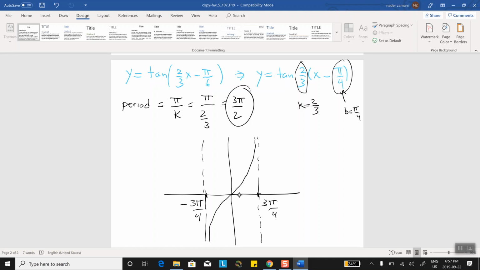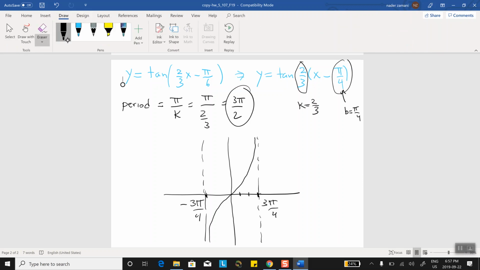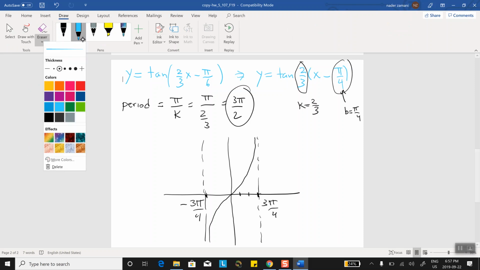Now let's think about it for a second. This is 3 pi over 4. This whole thing is 3 pi over 4 from here to here. So if you divide it into 3 pieces, you get the amount pi over 4. So all you have to do is to shift this whole thing. Let me use a different color here. Okay.